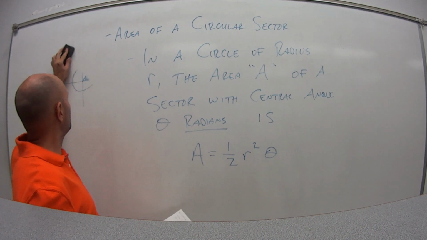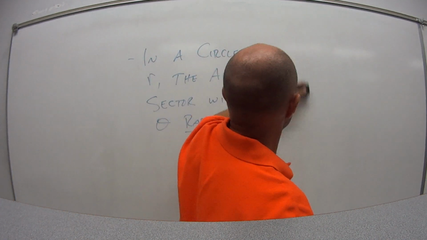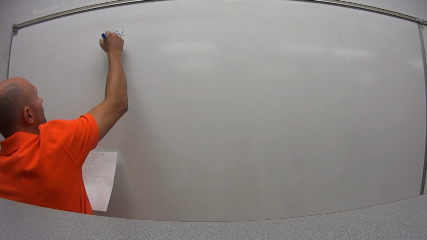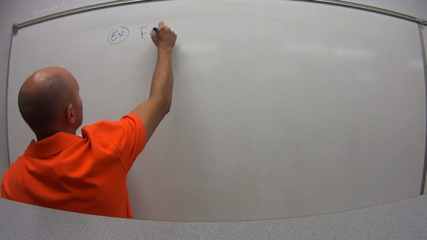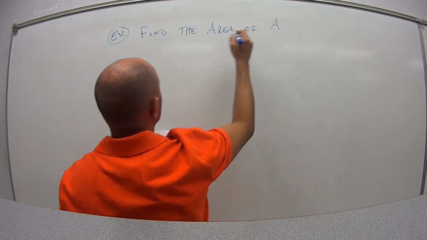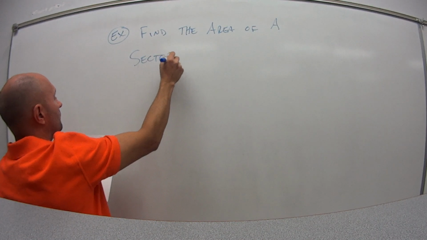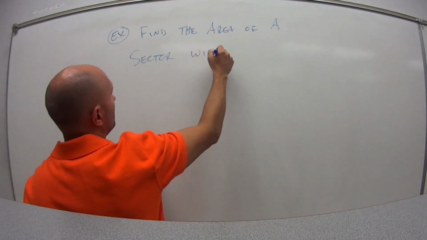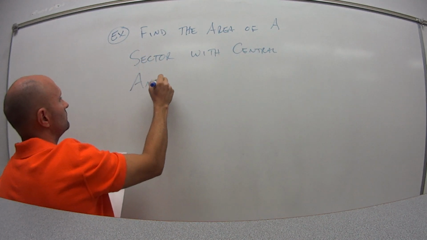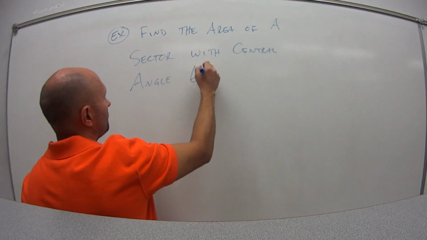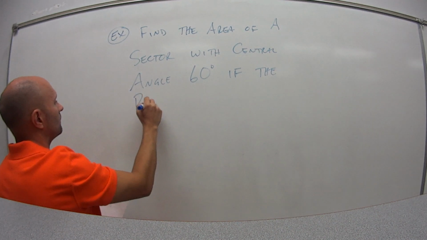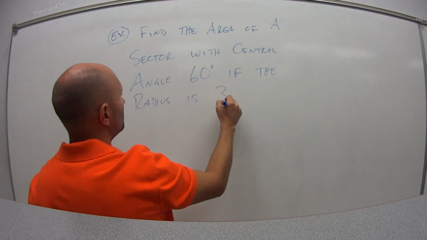So let's look at an example. Find the area of a sector with central angle 60 degrees if the radius is 3 meters.